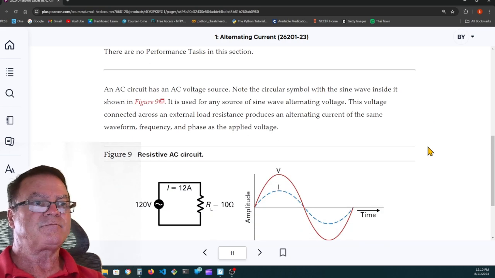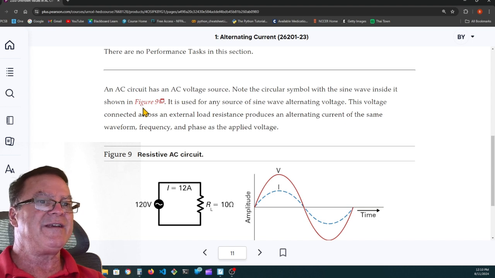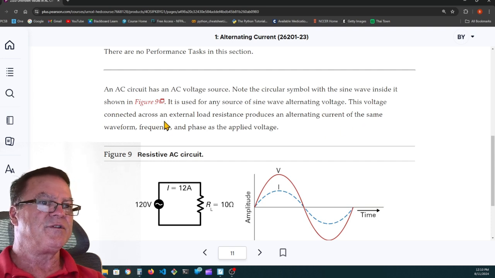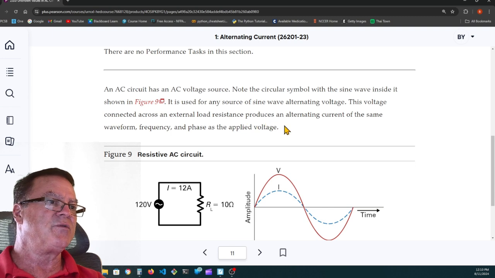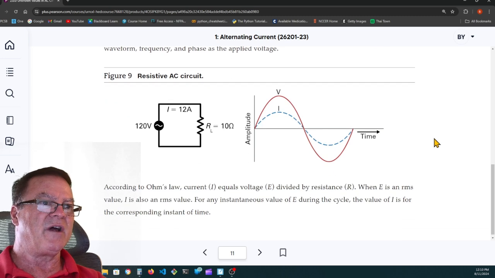So, an AC circuit has an AC voltage source. Note the circular symbol with the sine wave inside of it. It's used for any source of sine wave alternating voltage. This voltage connected across an external load resistance produces an alternating current of the same waveform, frequency, and phase as the applied voltage.